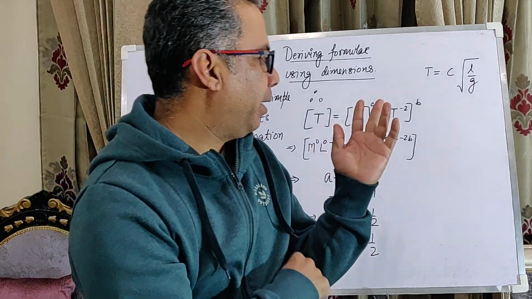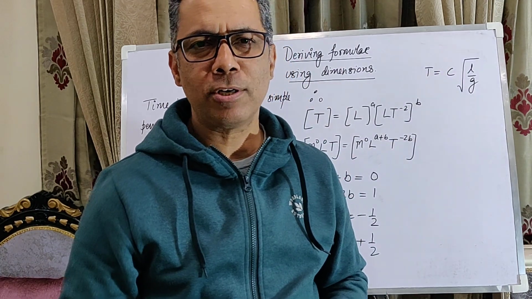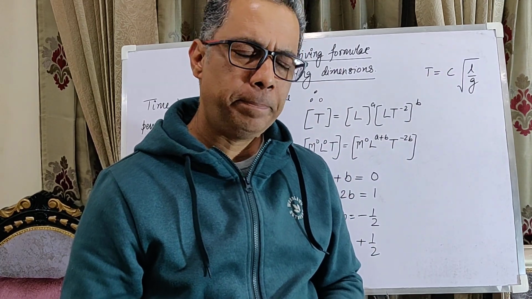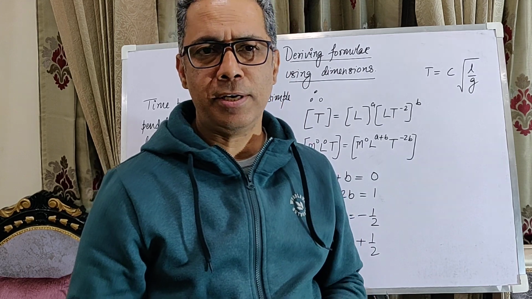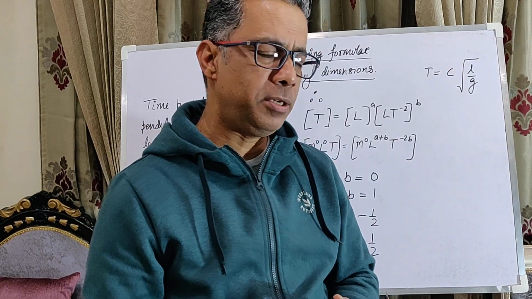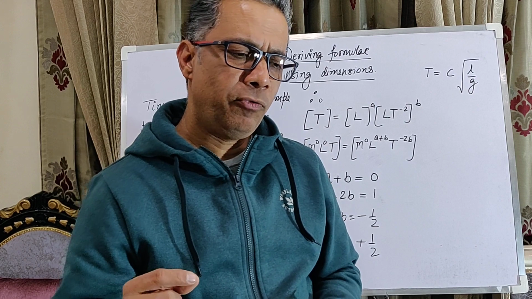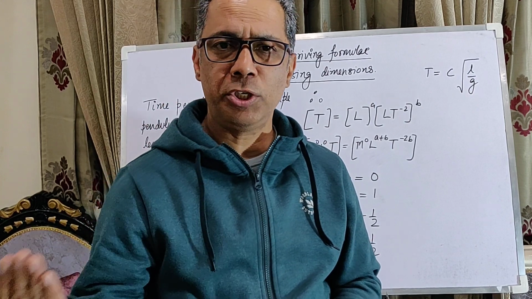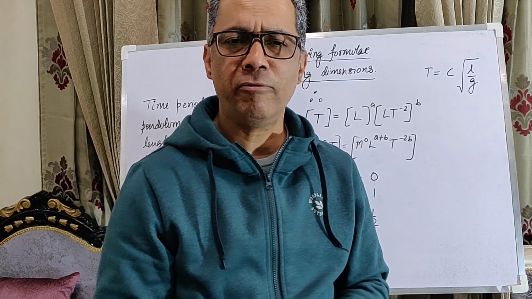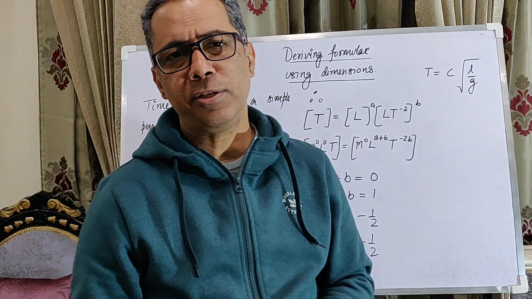Now unfortunately, using this method of dimensions, this constant cannot be determined. The method also has certain other drawbacks. There are certain things you cannot really do using dimensions. For instance, any physical formula involving dimensionless functions, for example, formulae that involve trigonometric functions or exponential functions, cannot be derived.